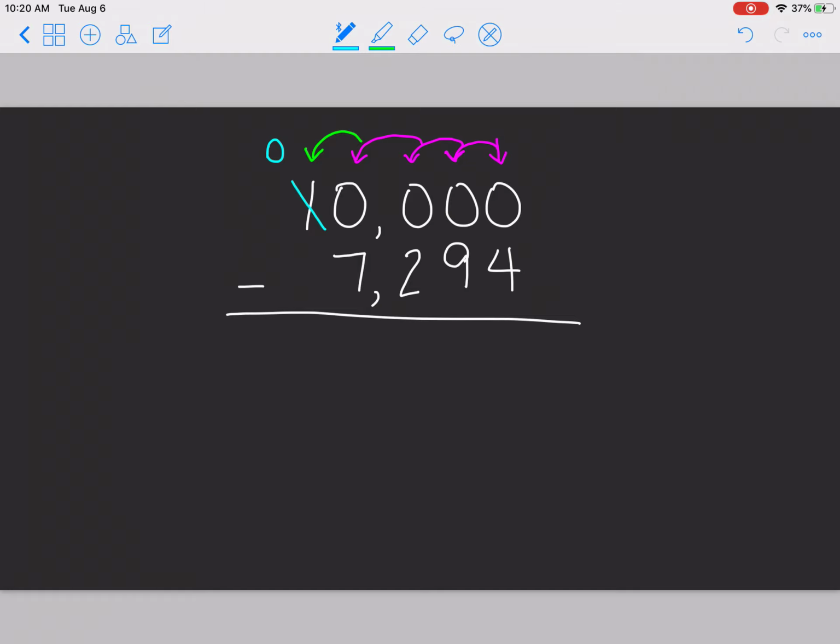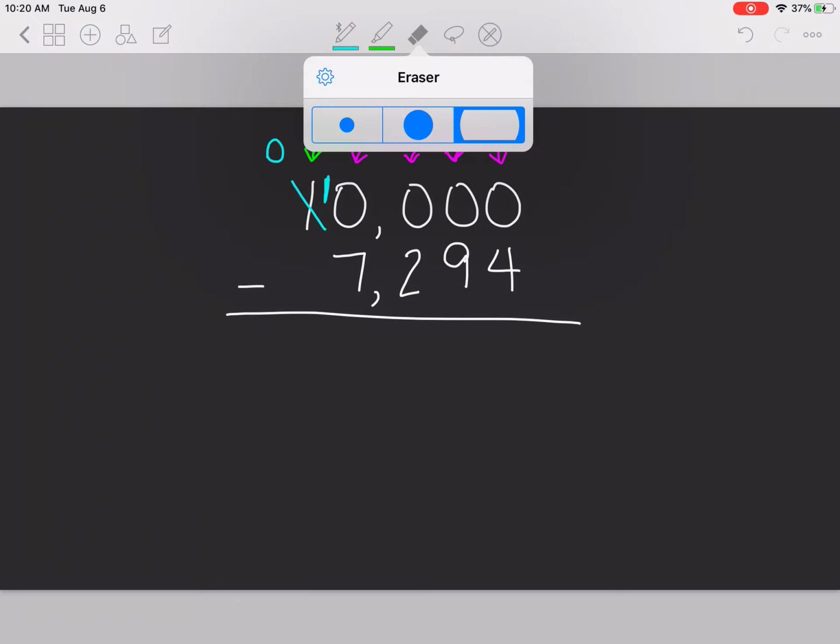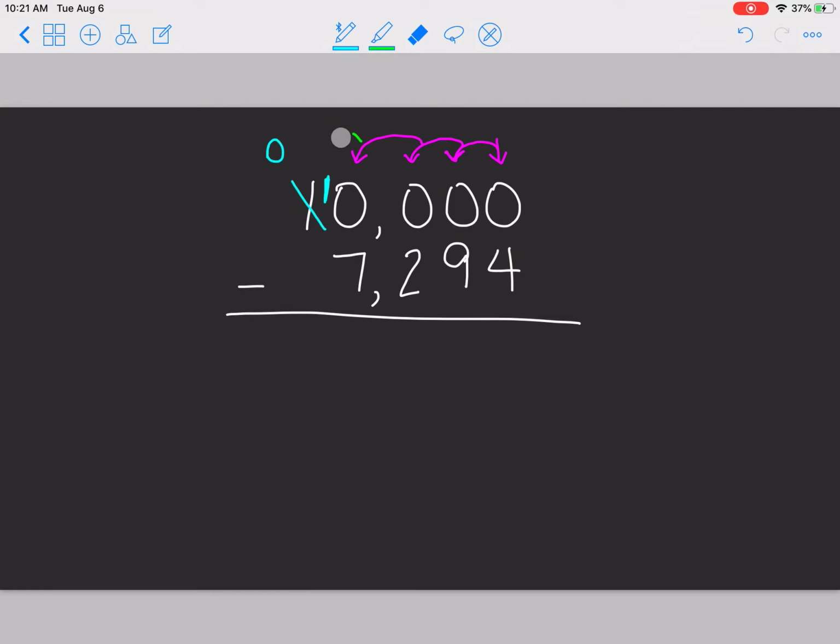Now this 0 in the thousands place becomes a 10,000. So really it's kind of what we had before, but we're going to use it a little differently. Now, let me erase my zeros here, clear those out so we have room to work. Okay, so now I have 10,000 in my thousands place.